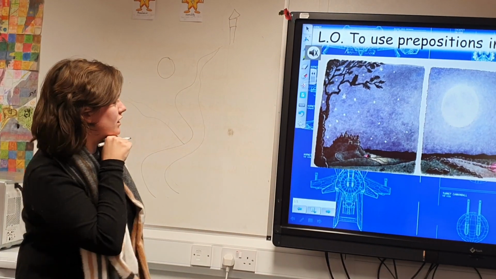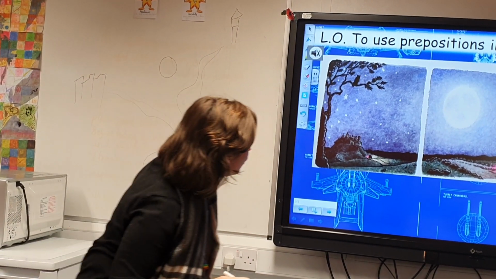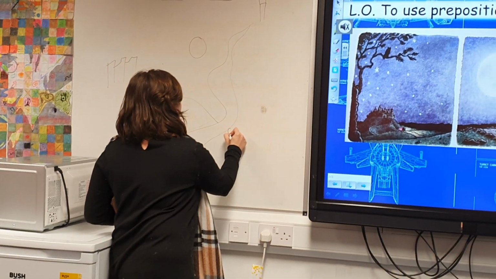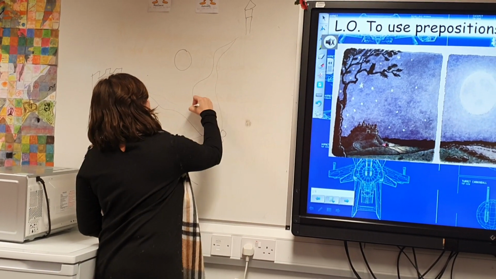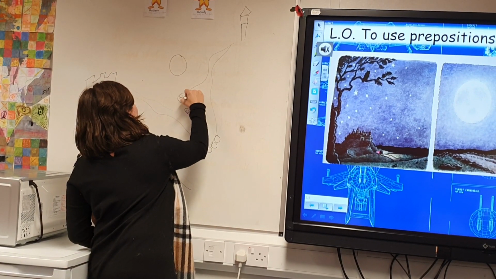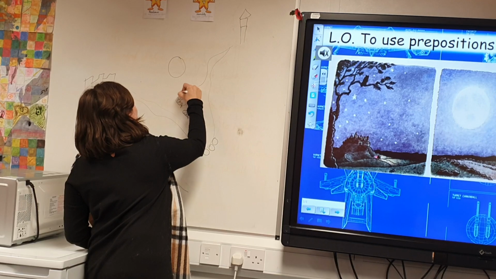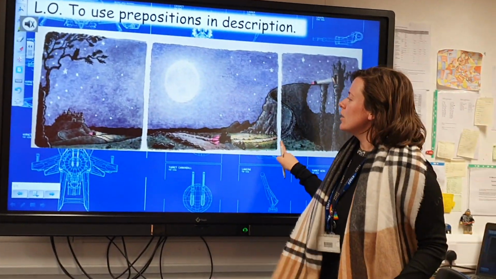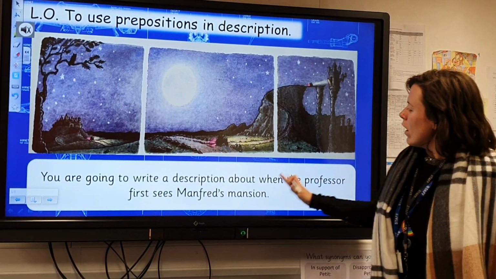What else can he see? Is it bushes, rocks along the path? So maybe there's some bushes here as well. As we know, artistry is not my forte. Okay, so we're thinking about the description, what he can see.